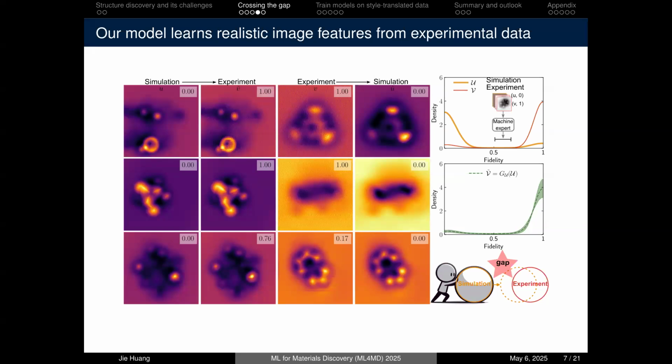If the images come from simulation, it will get a distribution like this, and then we input the same images to the style translation generator, and it will get a distribution like this. So to some extent, this curve shows that it has the ability to push the simulation distribution to a real experimental distribution. I'm not sure whether I answered the question. Partly, but okay, it's okay.